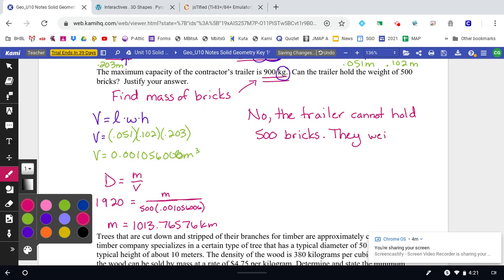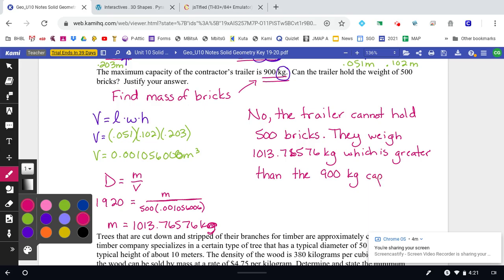They weigh 1,013. Oh, I'm sorry, I wrote kilometers there. Kilograms, which is greater than the 900 kilogram capacity.